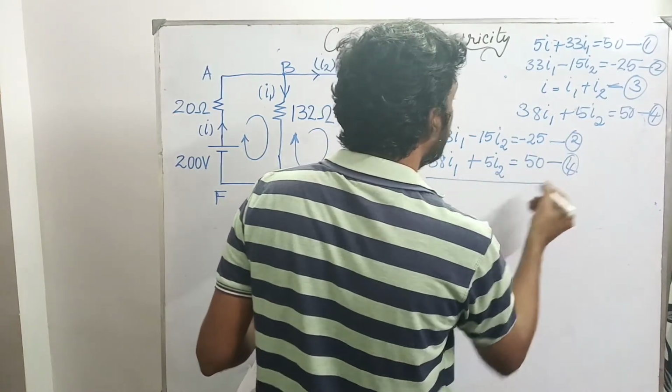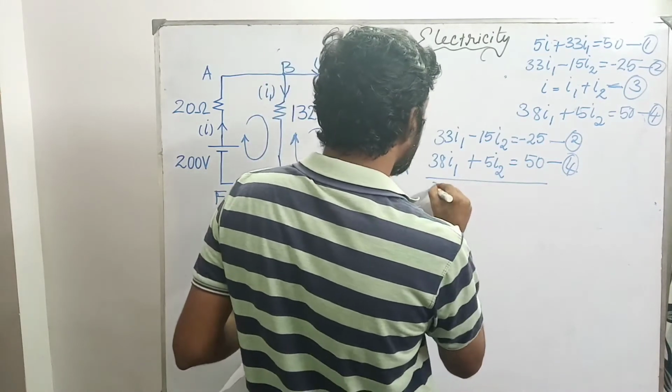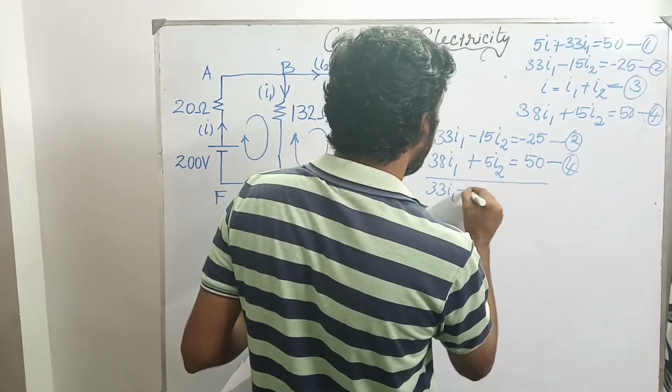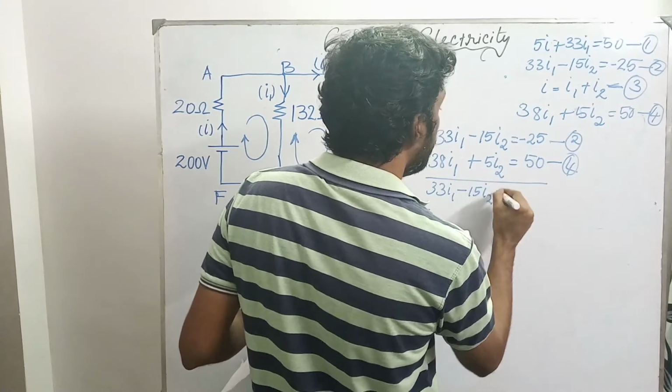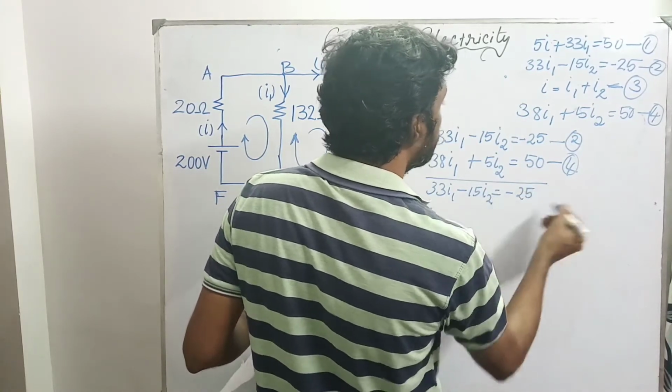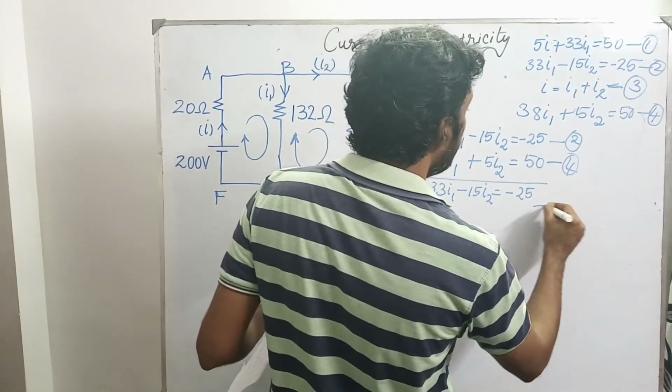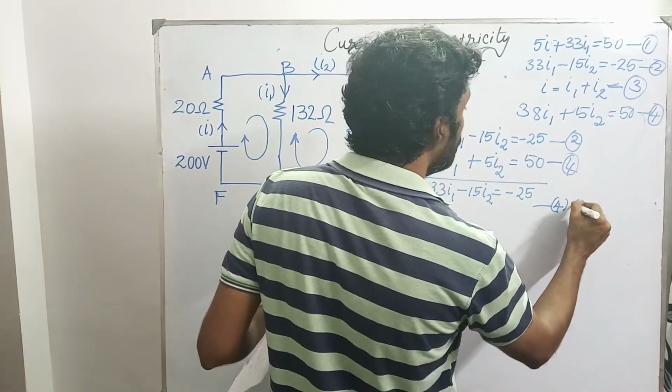So I am going to put this as 33I1 minus 15I2 equal to minus 25, and I am going to multiply equation 4 by 3.